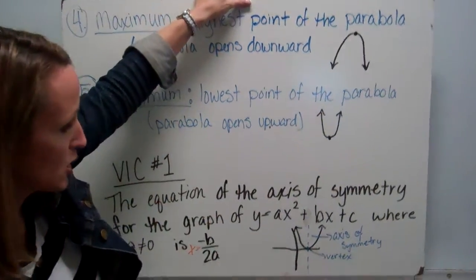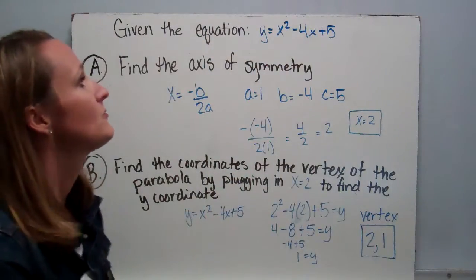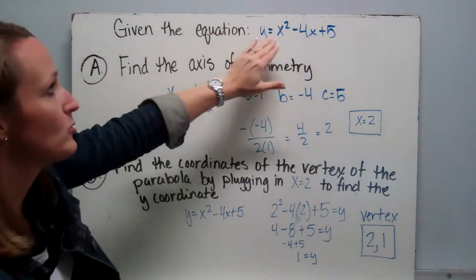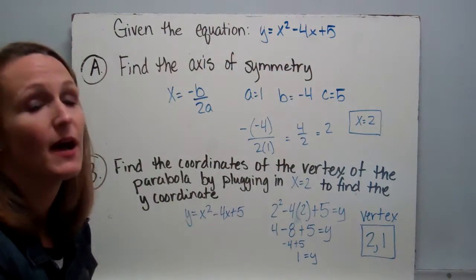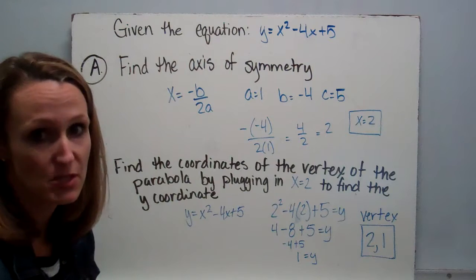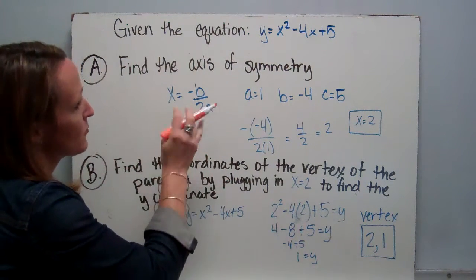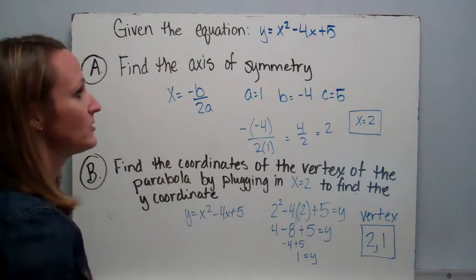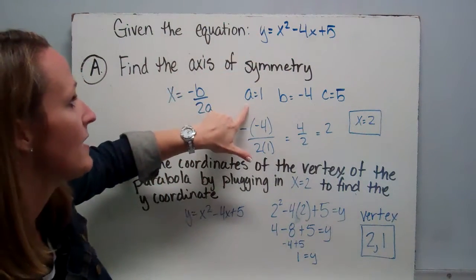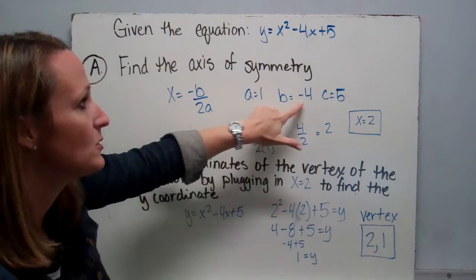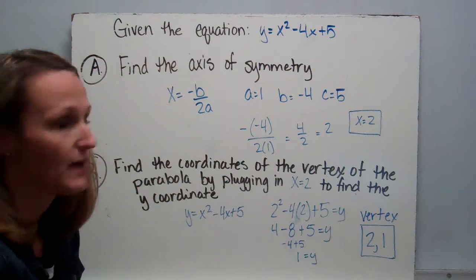So let's try this. If we're given this equation, y equals x squared minus 4x plus 5, and of course since there is no a value, it's understood to be 1, let's find the axis of symmetry. So here's our formula. x equals negative b over 2a. In this, a equals 1, b equals negative 4, and c equals 5.